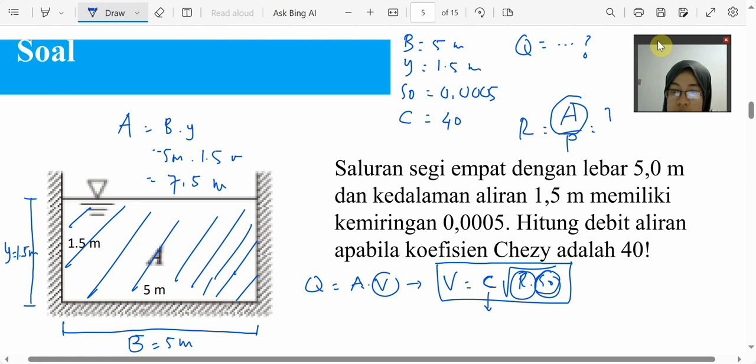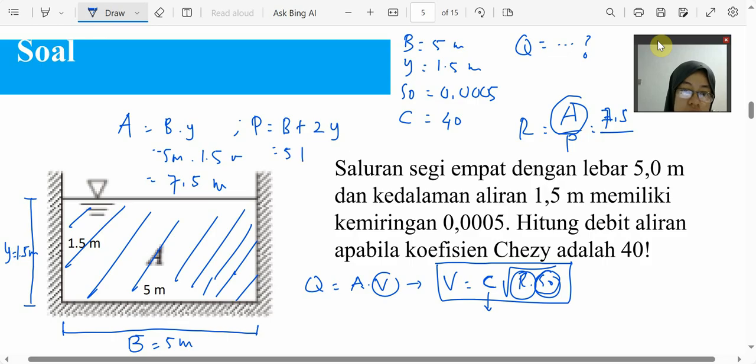So we get R equal to 7.5 over P. We remember P is the perimeter, which, if the shape is rectangular, we simply calculate as B plus 2 times Y.